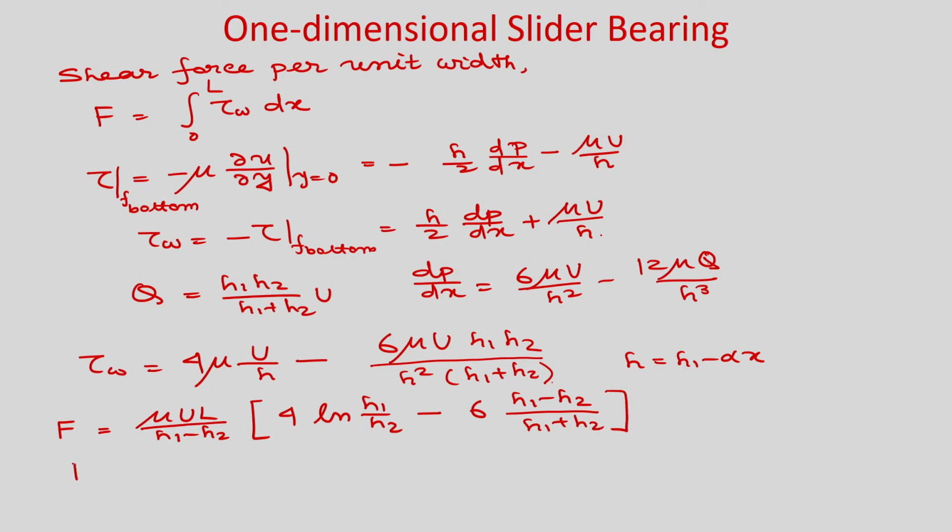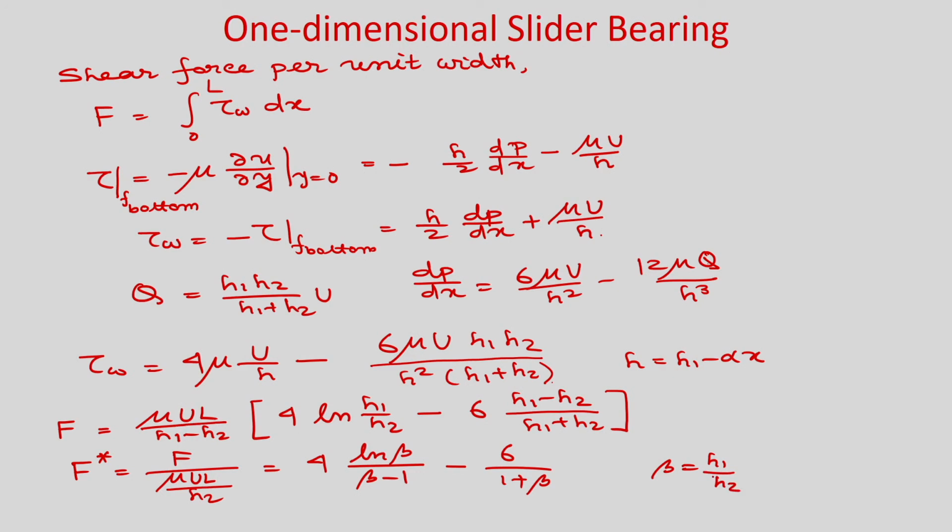And in non-dimensional form, F star will be F by mu u L divided by H2, which is equal to 4 ln beta divided by beta minus 1, minus 6 by 1 plus beta, where beta is equal to H1 by H2. So, this is the shear force per unit width, and if you want to calculate the power loss dragging the fluid, then you can multiply with the velocity and you will get the power lost.